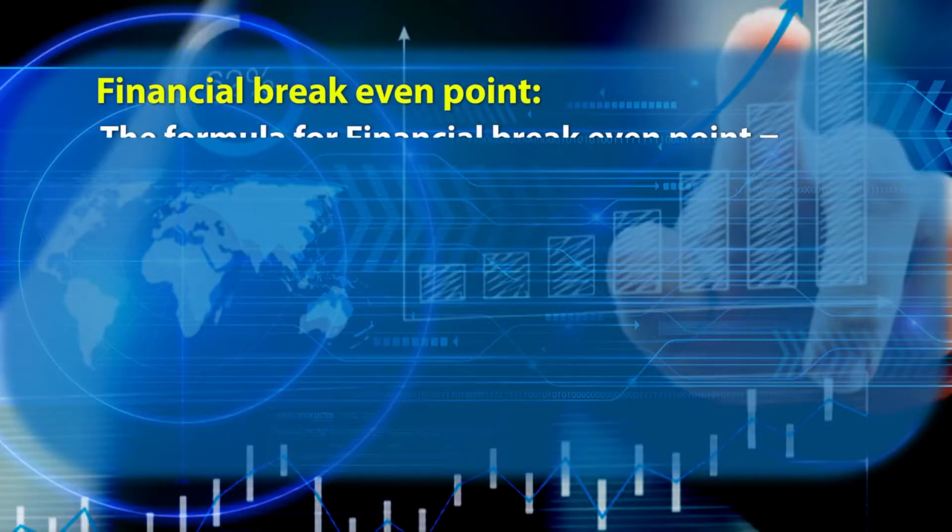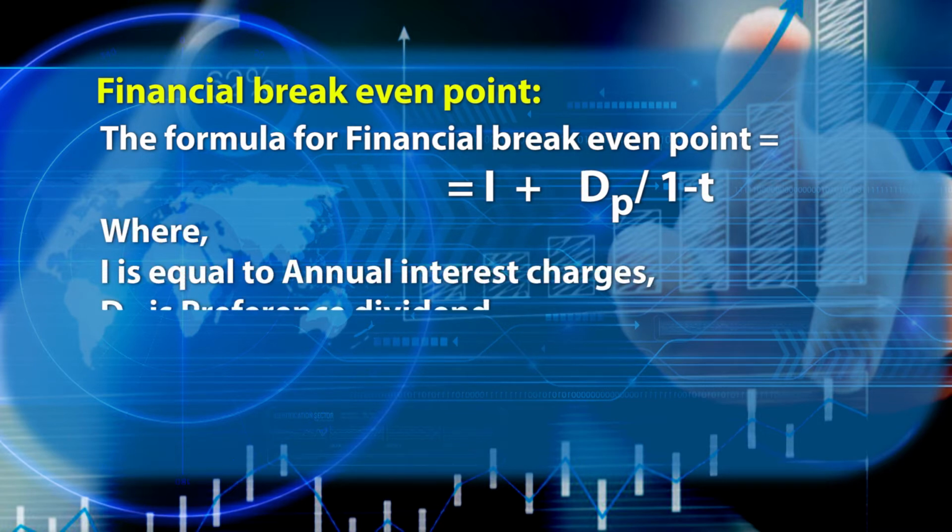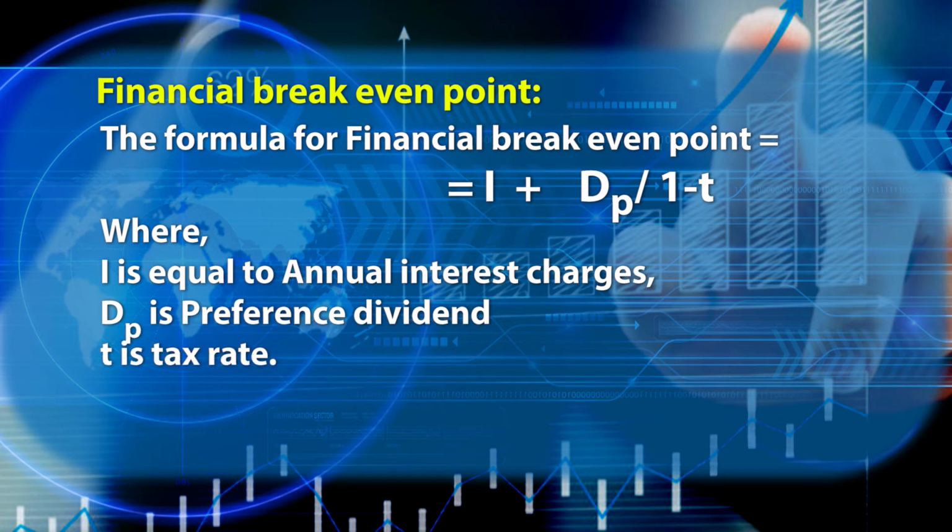Financial break-even point can be defined as the level of EBIT which is equal to firm's fixed financial cost. Financial break-even point attempts to find EBIT that results in zero net income. The formula for financial break-even point is equal to I plus dP upon 1 minus T, where I is equal to annual interest charges, dP is preference dividend, and T is tax rate.